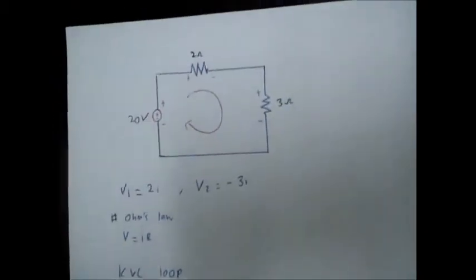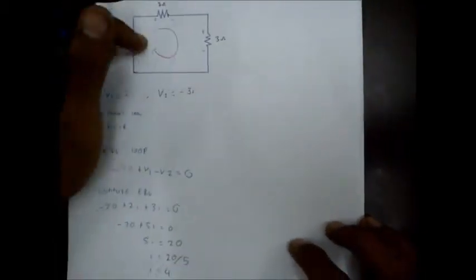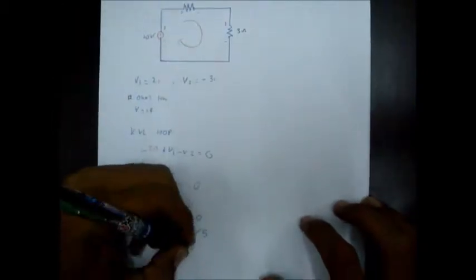Then we know that in this circuit the current flow is 4 amps.